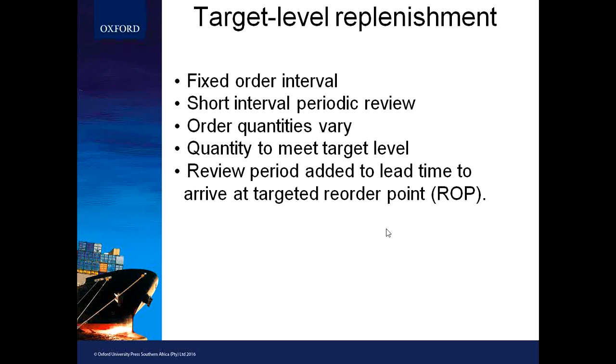Fixed order interval is the interval between the safety stock or ROP, where we have a difference of importance on the stock that is covered. You can check your textbook to understand more clearly how the modifications for this are done in different ways.